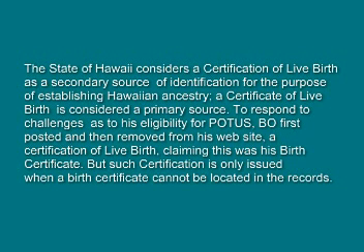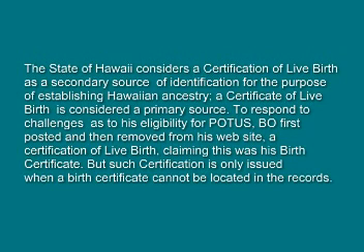This is actually from the state of Hawaii. The state of Hawaii considers a certification of live birth as a secondary source of identification for the purpose of establishing Hawaiian ancestry. A certificate of live birth is considered a primary source.